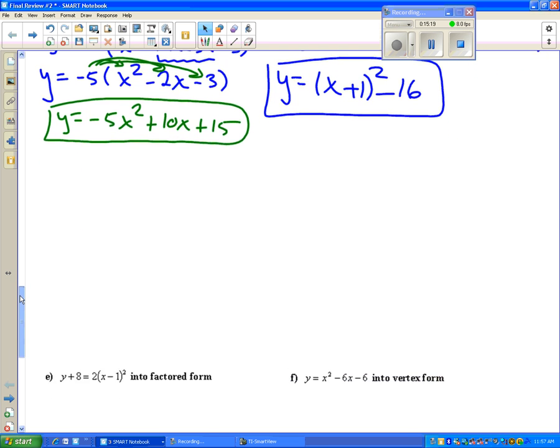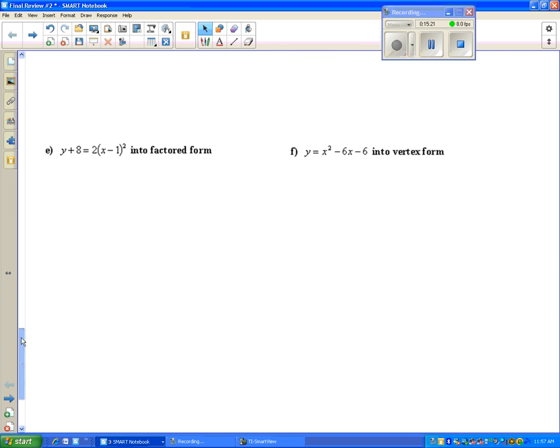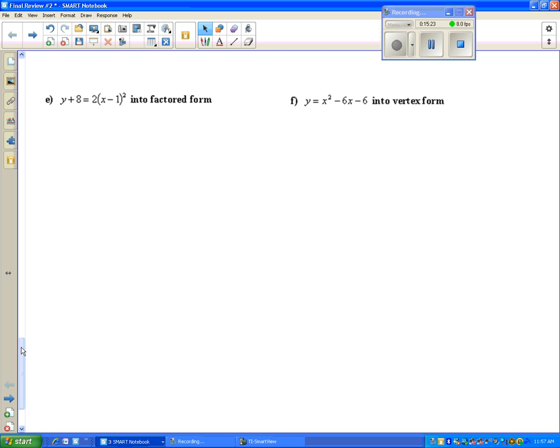Okay, let's try E. I want this in factored form. Again, I have to get it into polynomial or standard form and then factor it. So the first thing I have to do is get rid of all the parentheses. Y plus 8 is equal to 2 times x minus 1 squared, which is x minus 1 times x minus 1.